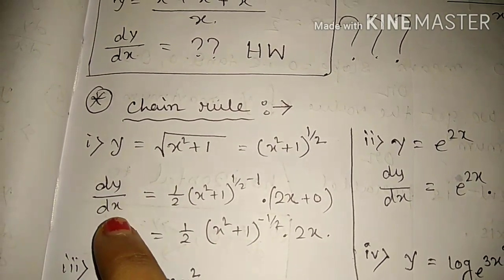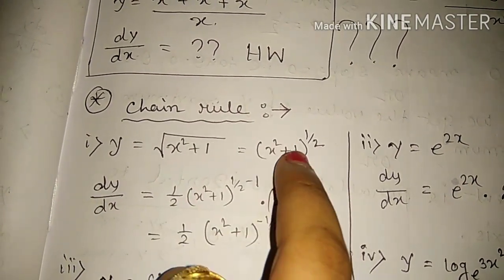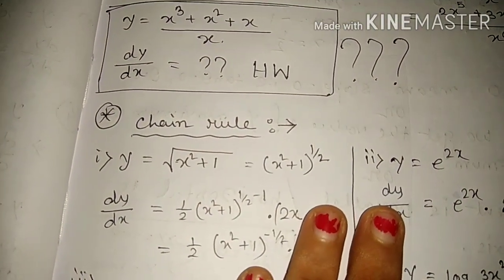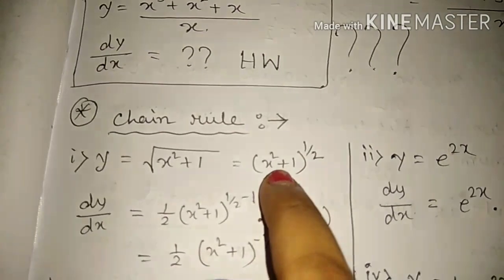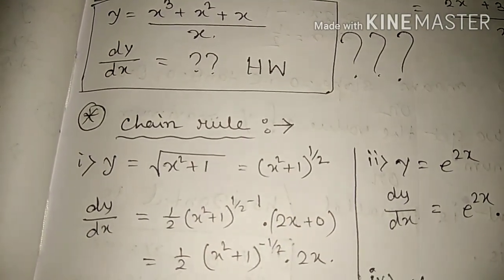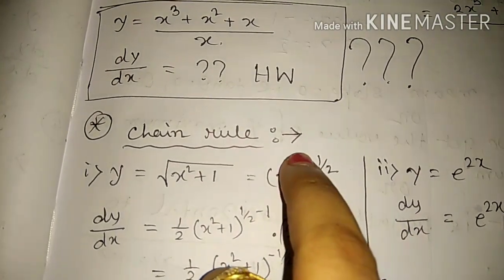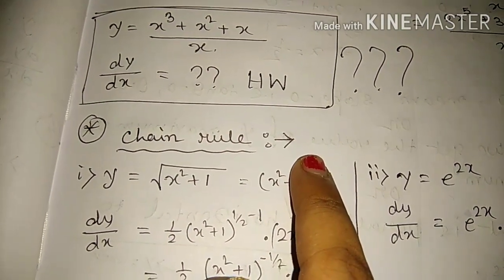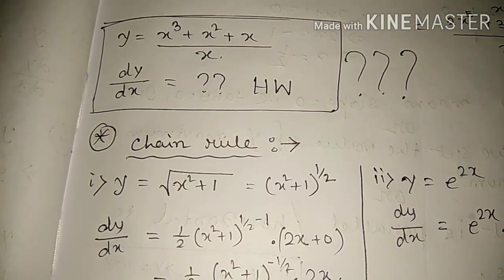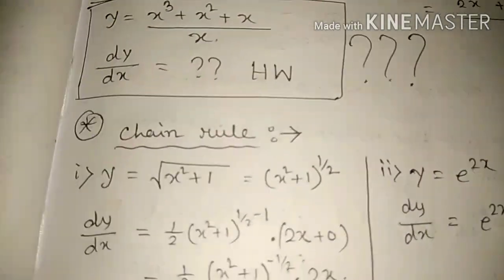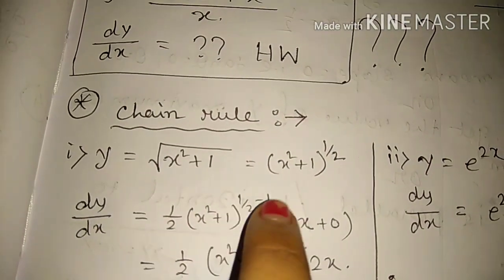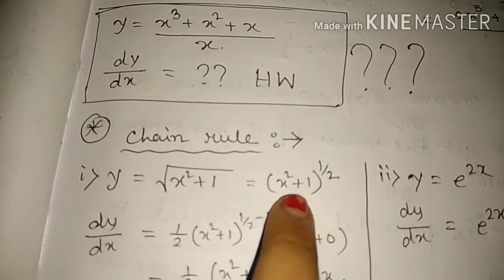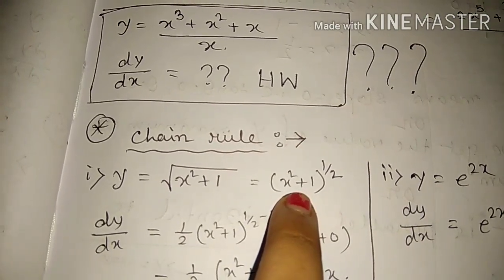First, dy by dx. This is not the x. When you solve this kind of chain rule problem, whatever the term is, you just keep it in your mind as x. Just think of this whole thing as x to the power half. What is the rule for that? Half into x to the power half minus 1. Up to this is completed, but this is not exactly x, this is x square plus 1.